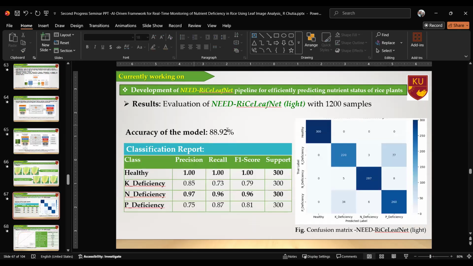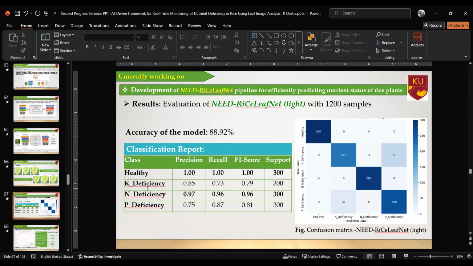So this is the performance of the NeedRiceLeafNet Light model with 1200 samples. Here we can see the precision, recall, F1 score and support for the four classes. For healthy, we have 1.0 precision, 1.0 recall, and 1.0 F1 score.